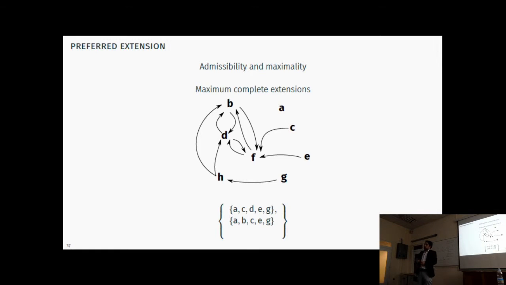It is also the one that satisfies more of the properties I mentioned, and particularly maximality. It always exists. So it has a nice mathematical property, but we cannot guarantee it's the best one. But definitely, most of the people prefer to look at the skeptical part. So what is uncontroversial, what is in the intersection. That looks less debatable, let's say. And as I said, for the preferred extension, essentially, you start from the complete, and you take the maximal one.